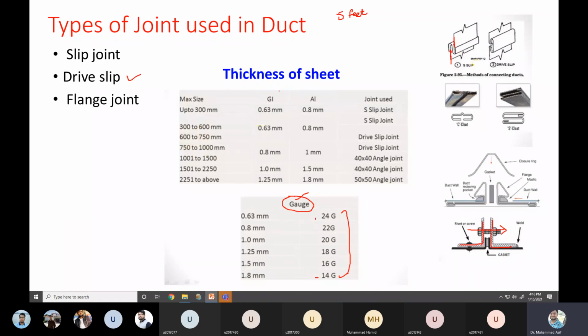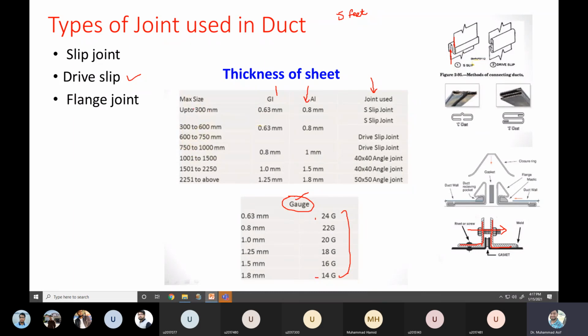As you can see, depending upon the length, the different joint is mentioned, which joint should be used if the thickness is this much, both for the galvanized iron as well as for the iron.